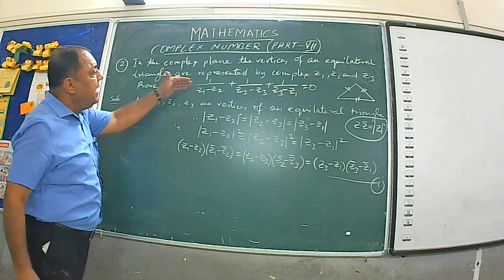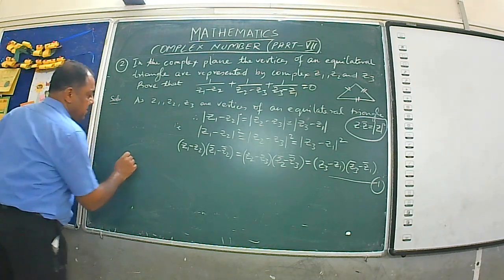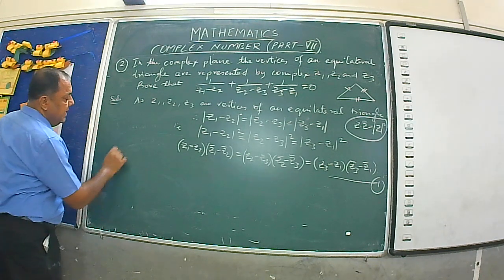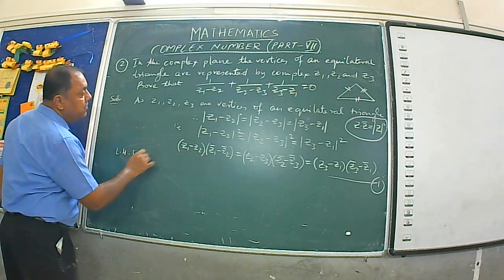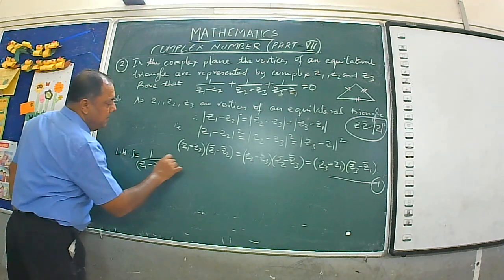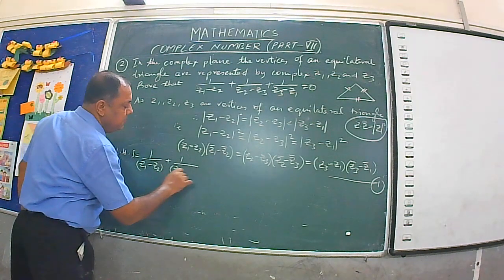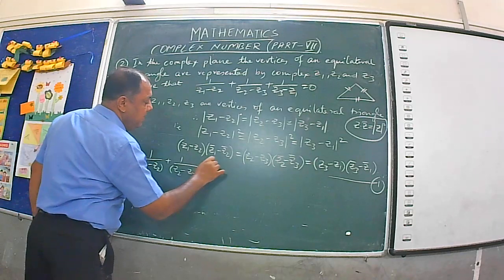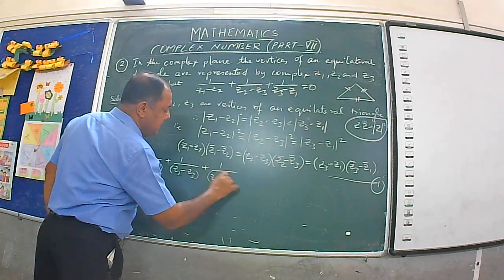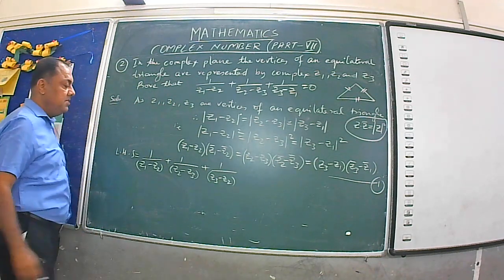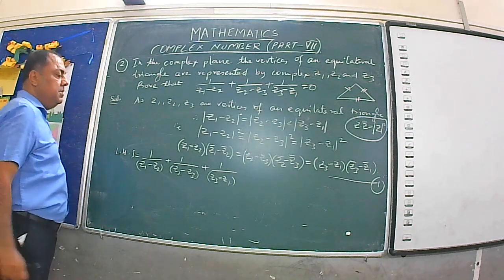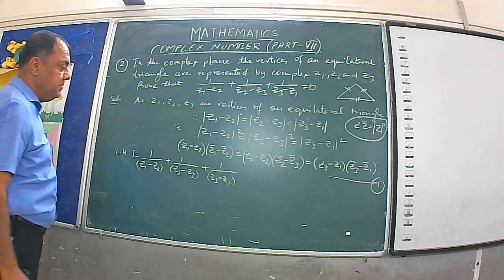Now, I start with the left hand side. Left hand side is equal to 1 by Z1 minus Z2 plus 1 by Z2 minus Z3 plus 1 by Z3 minus Z1. This is my left hand side.